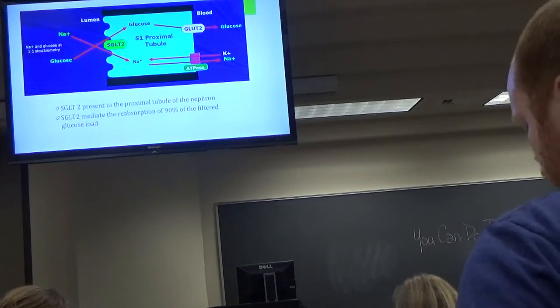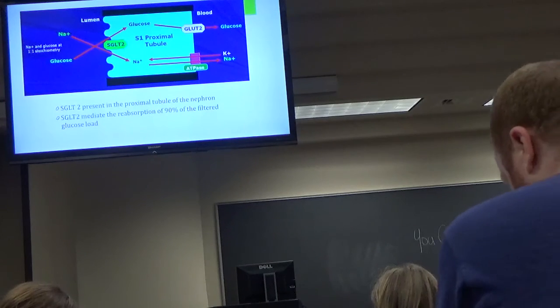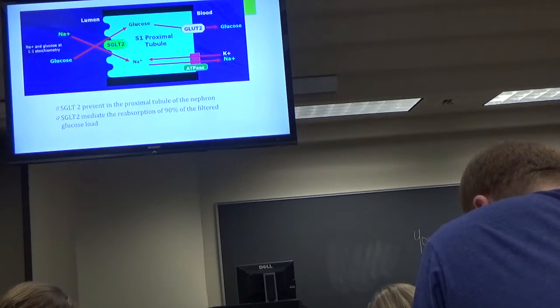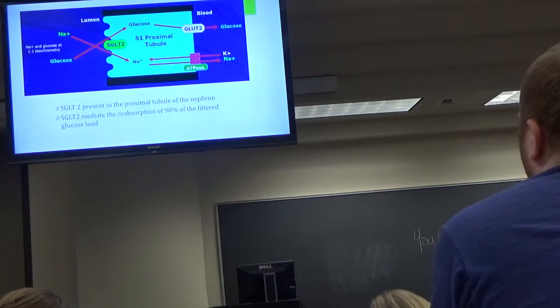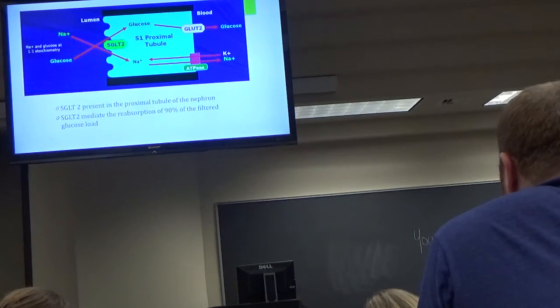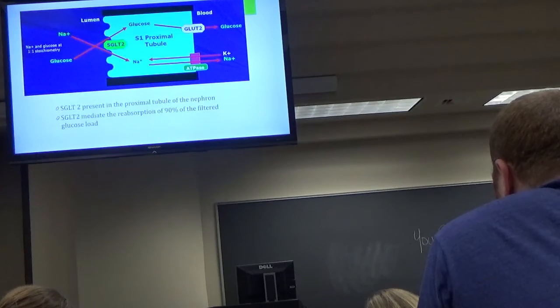Okay. Once you exceed that, then you will start to see sugars showing up in the urine because you've saturated the system that can no longer absorb it all back into the bloodstream. So there are transport molecules, and they are SGLT1 and SGLT2.